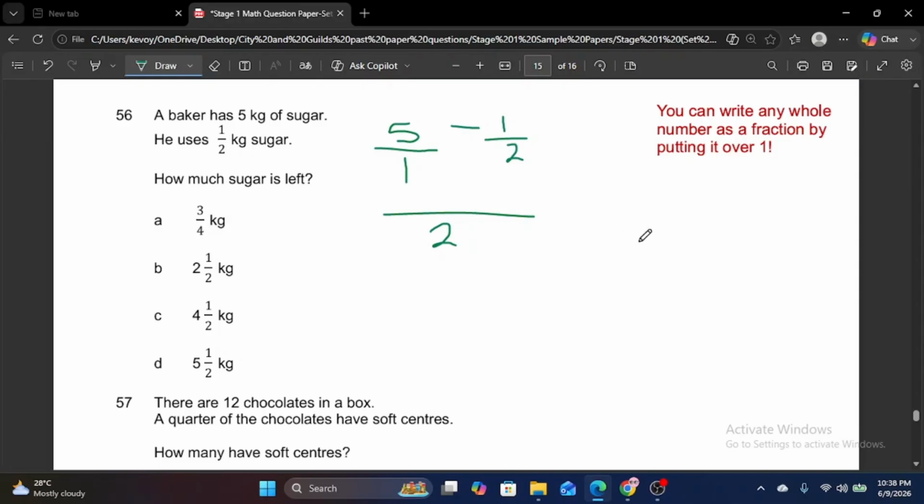So if we have 2 times 1, 2 times 1 is going to be equal to 2, and we know 1 times 1 is 1, but 1 times 2 is going to be equal to 2.